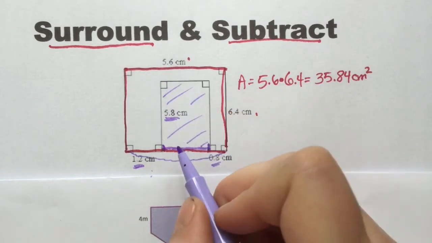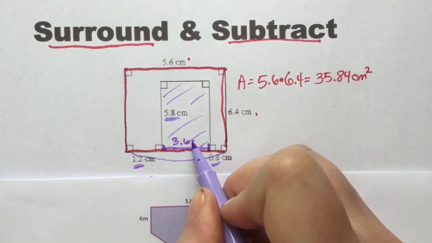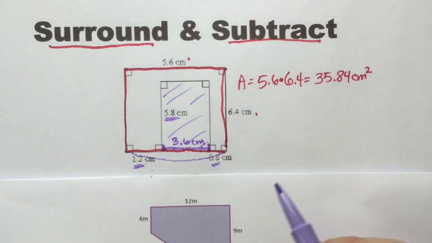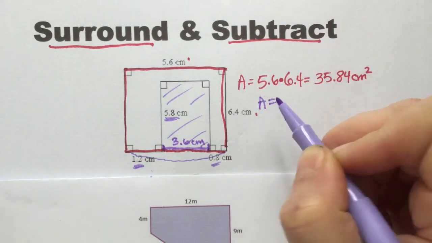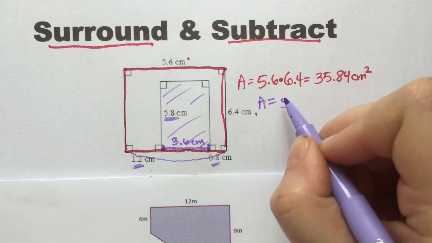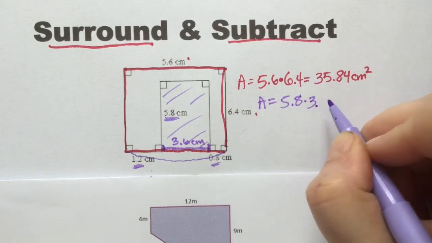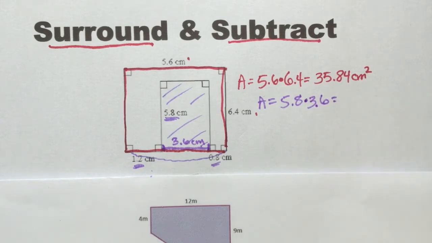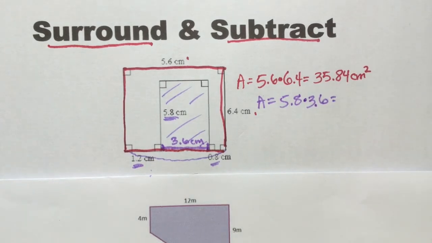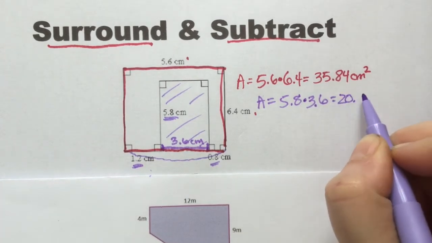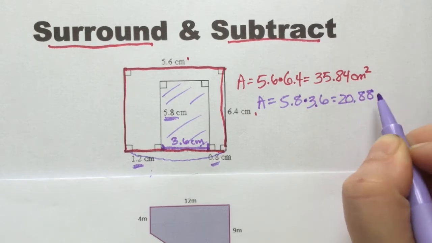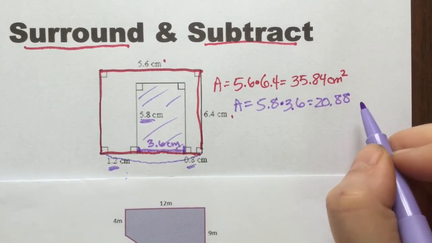Take away 2 from here, you've got yourself 3.6 centimeters on that one. So the area of my inside rectangle is 5.8 times 3.6. That will give me 20.88 square centimeters.